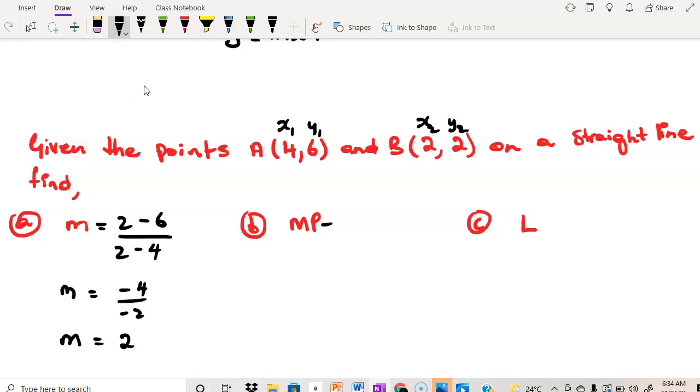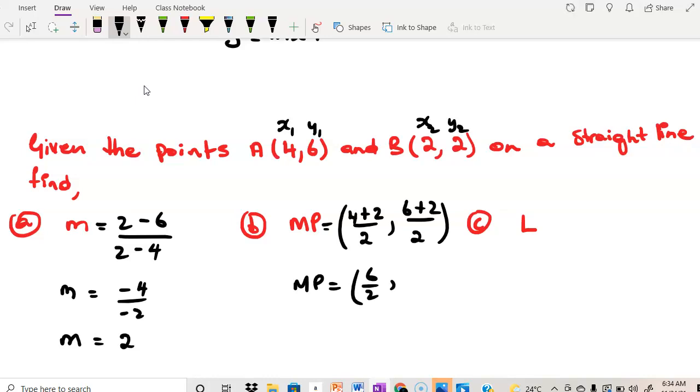Let us look at B, our midpoint. The midpoint is equal to our x1, which is 4, plus x2, 2, divided by 2, y1 plus y2 divided by 2 as well. So our midpoint is equal to 6 divided by 2 and 8 divided by 2.